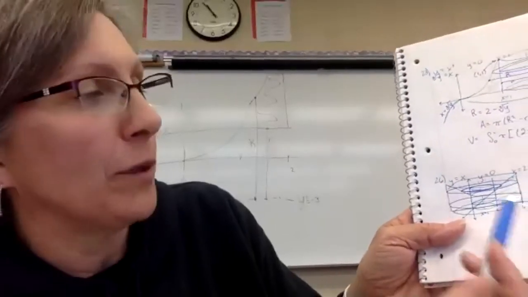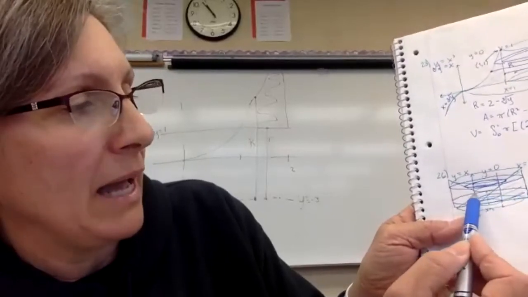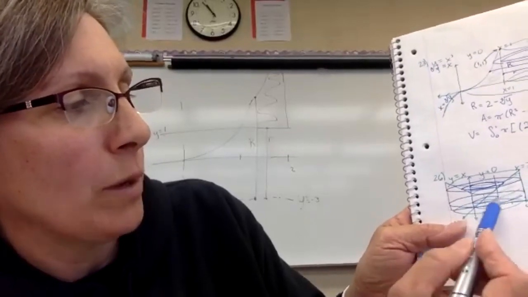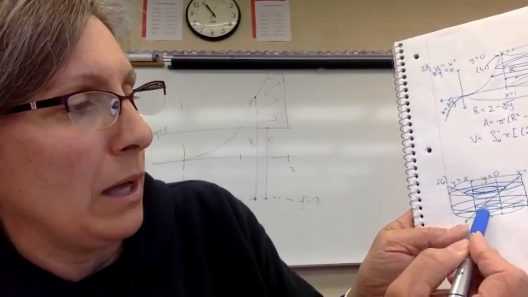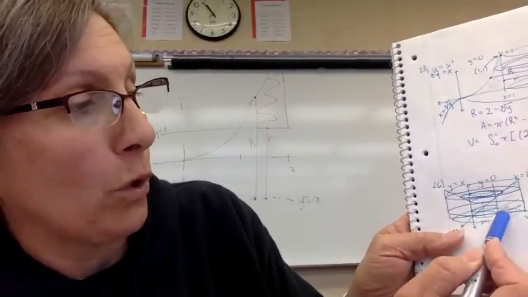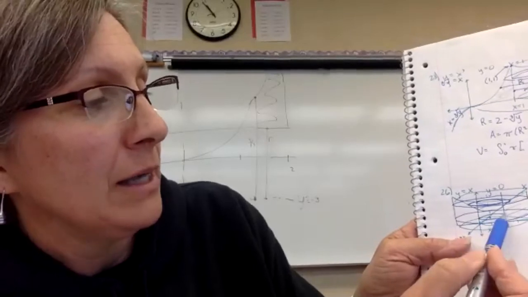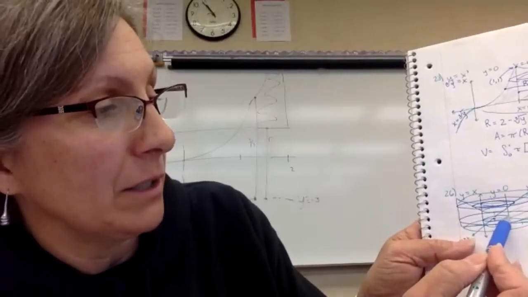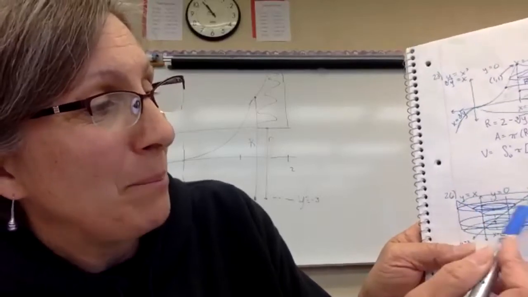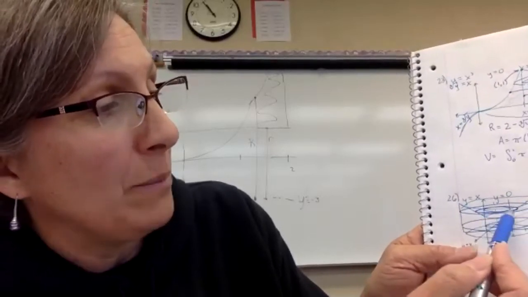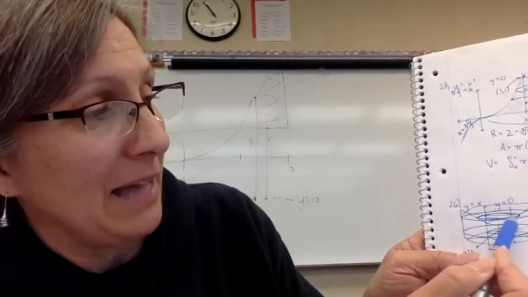I don't know if the book did it like this or not, but to me, I'm going to have to do one integral where my big R down here goes from 4 to 1. That would be my big R down there. And then the little r down here is going to go from 2 to 1. But then up here, my big R is still 4 to 1, but now my little r is from the line here to the axis.